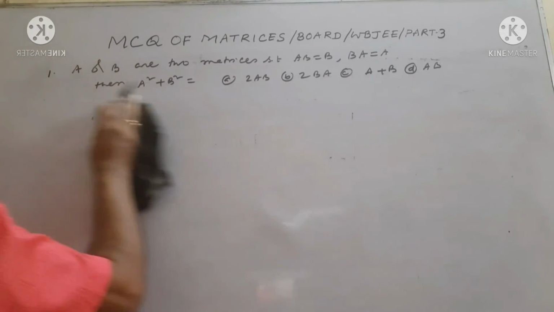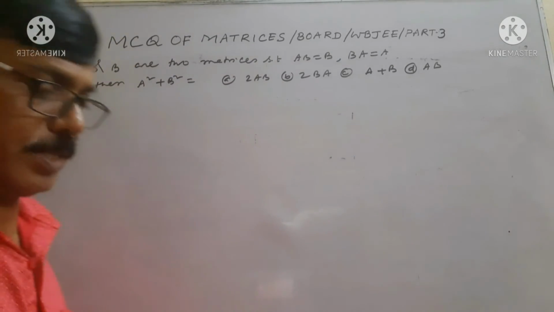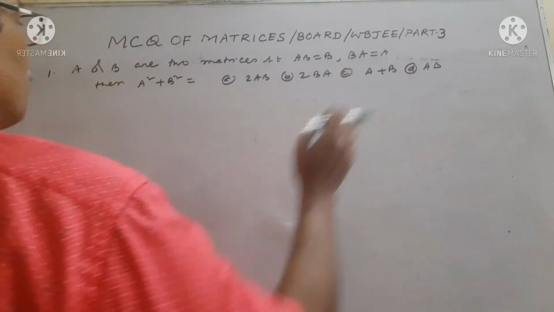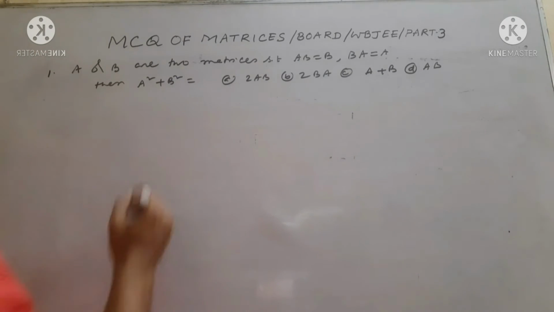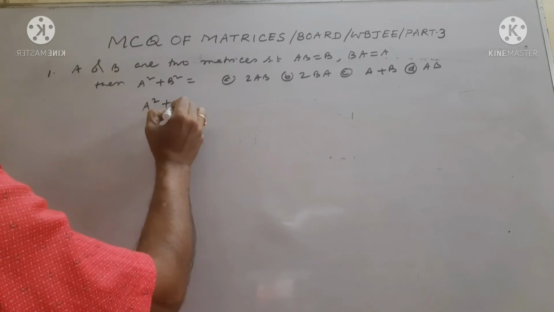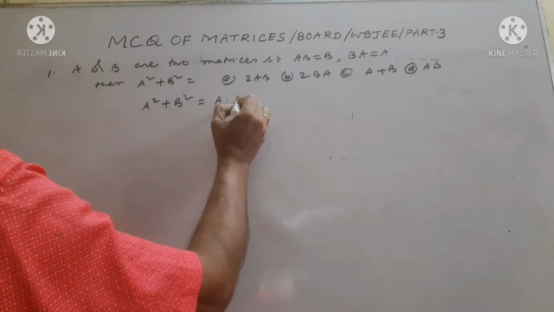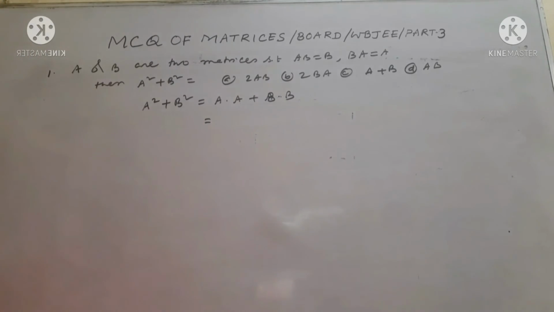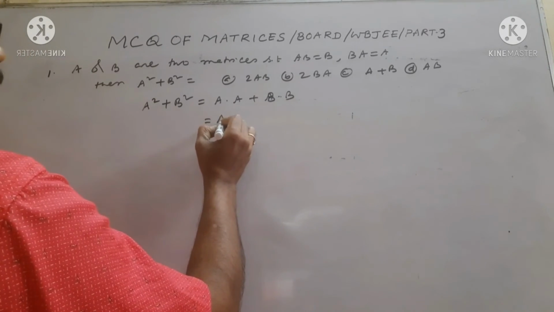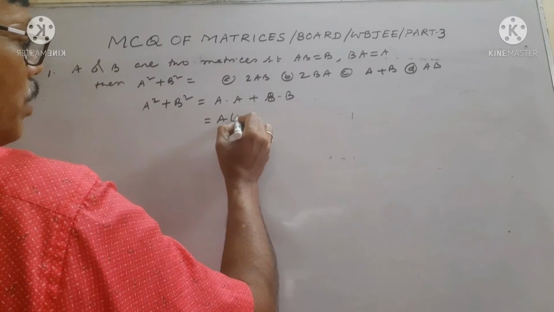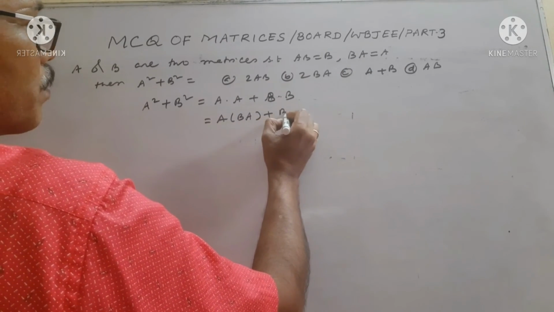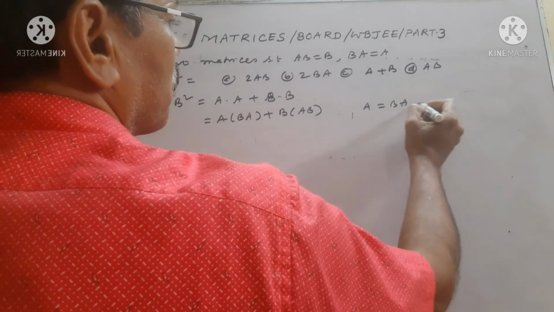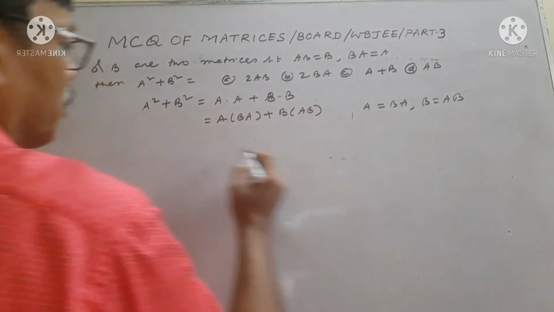Next one. A and B are two matrices such that AB equals B, BA equals A. Find A square plus B square. So A square plus B square equals A into A plus B into B. So this A equals BA and this B equals AB, because A equals BA, B equals AB.